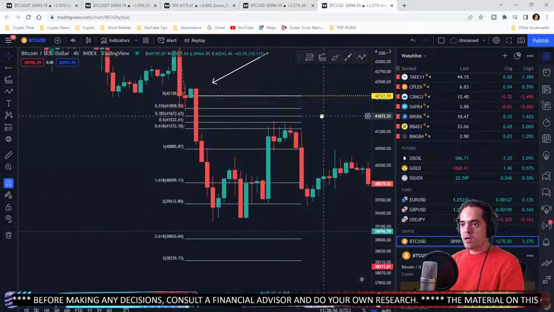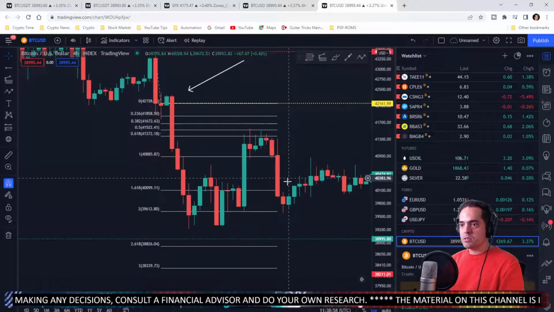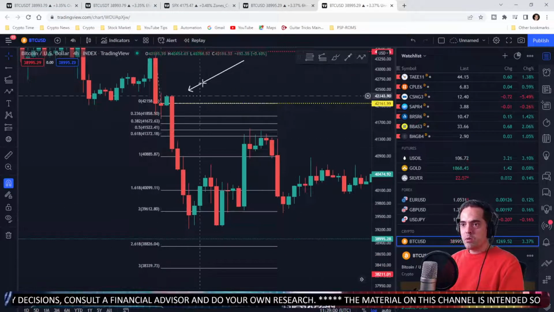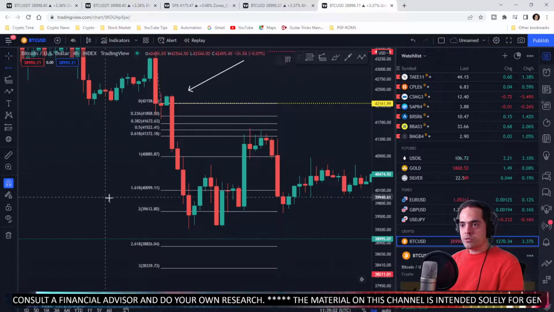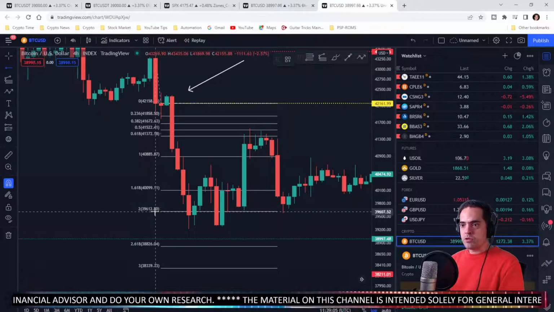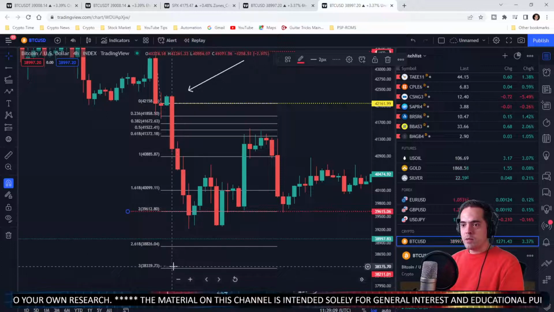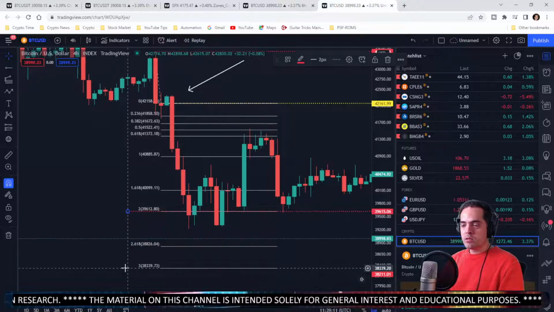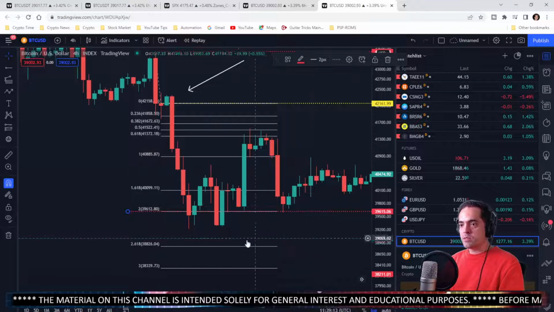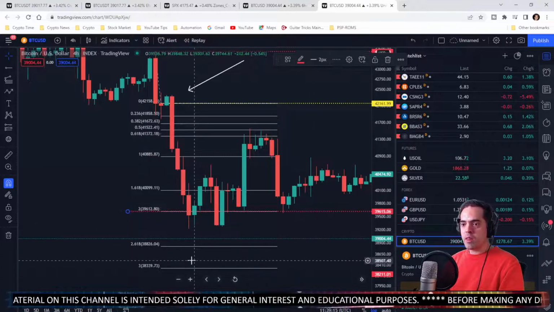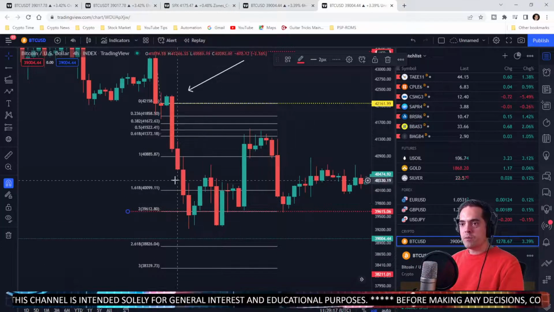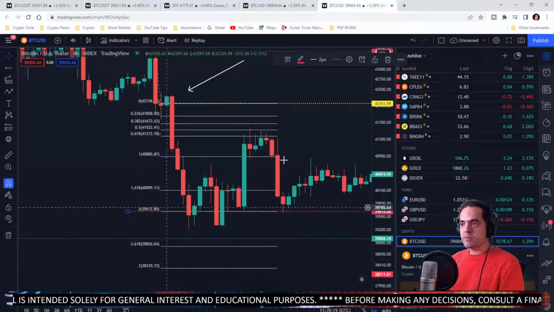And then this time around, guys, as you can see, we got to level 2 right here, but not level 3. So as you can see, sometimes it doesn't go to level 3. All right, so keep that in mind.